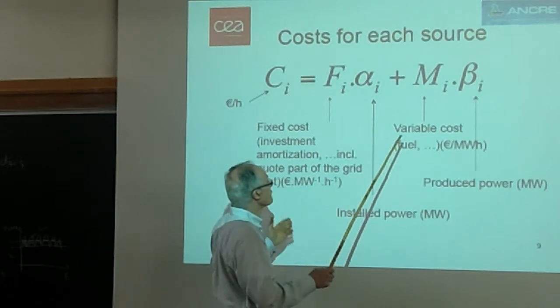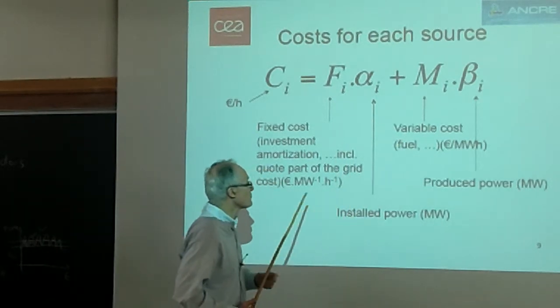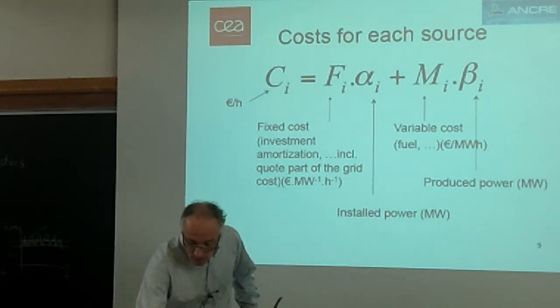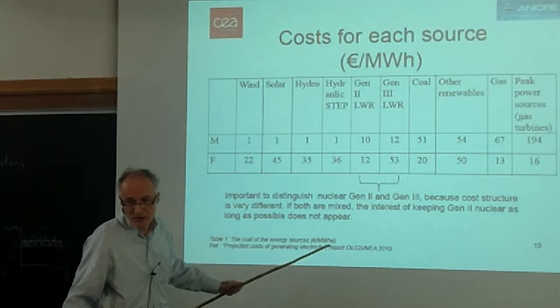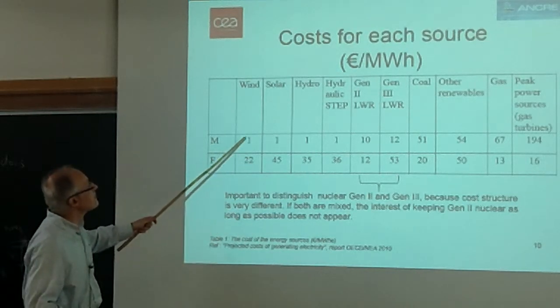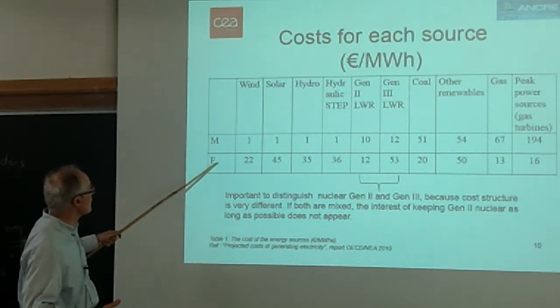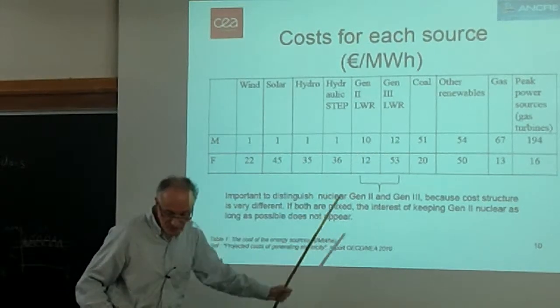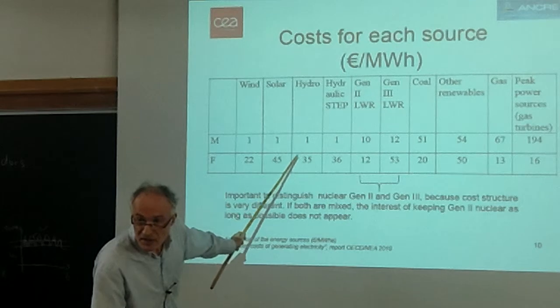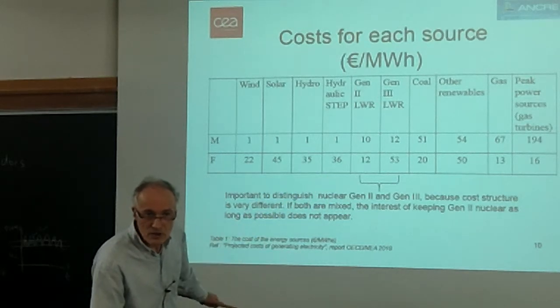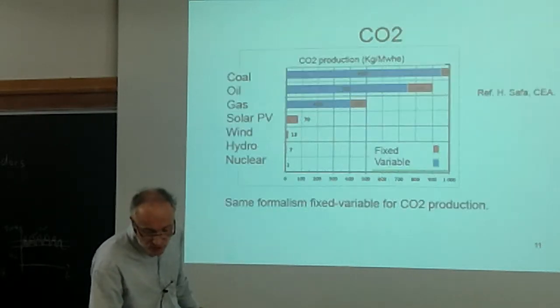In the variable cost, for instance, you have the fuel cost. And we extracted from the literature splitting and values for these variable and fixed costs for the various sources. But these are input data that can be changed, in fact. This is chosen by the user.